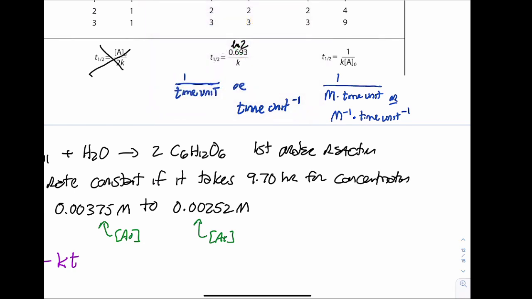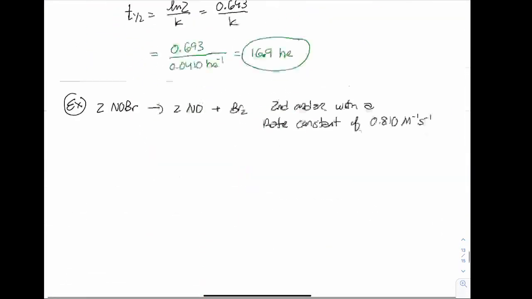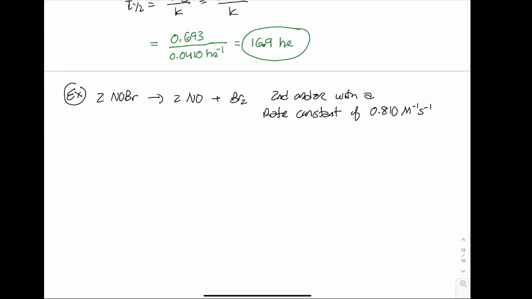Okay, back down to our problem. So second order, my rate constant is 0.810 molar to the -1 second to the -1. I wouldn't actually have to tell you this. We could just say the rate constant is equal to this, and we would know that it's second order because of those units. And that is something that you should know. So do know the units for those.